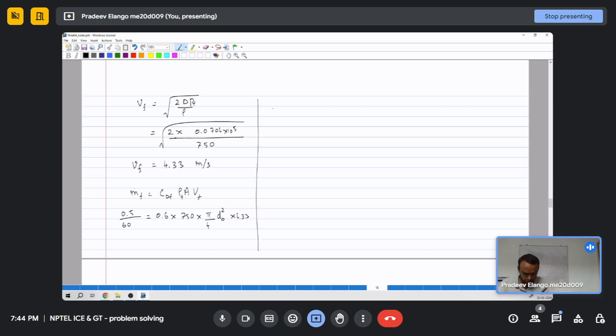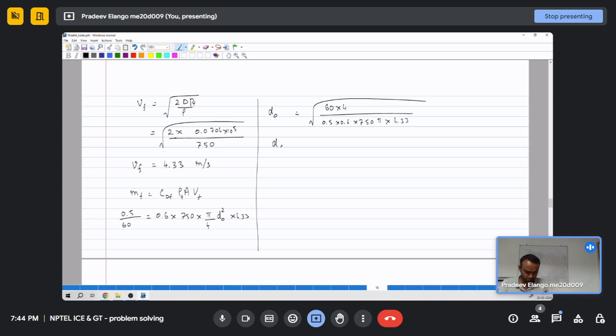So now to calculate d naught, we will have within the root 60 into 4 divided by 0.5 into 0.6 into 750 pi into 4.33.